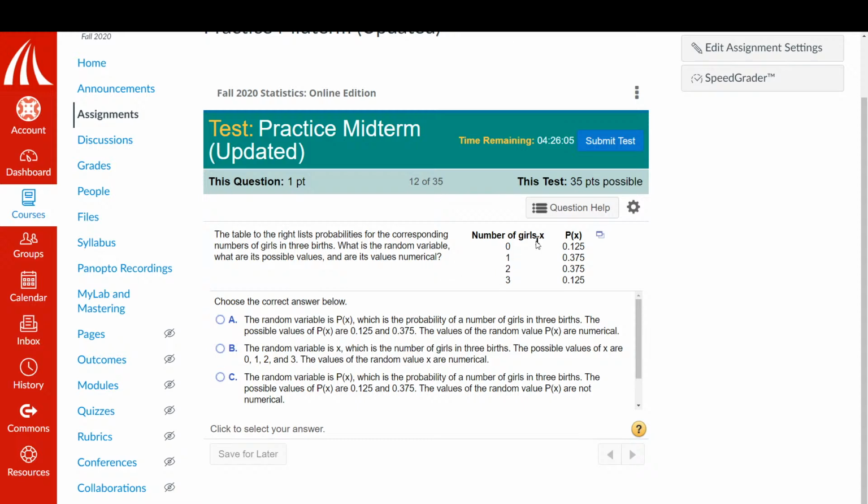Well, the random variable will be the girls. So it's the x, the number of girls. The possible values are 0, 1, 2, or 3. It's just totally random. We don't know which one it's going to be. And then the question is, are the values numerical?